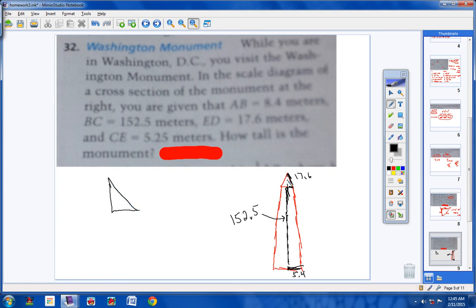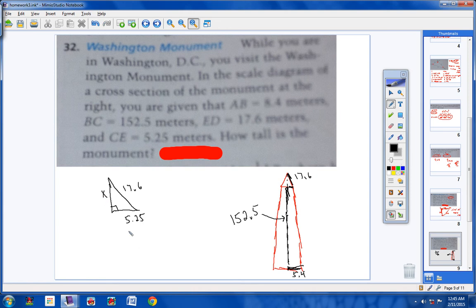Okay, that's this right triangle right here, down, over to the right, and back up. That's a right triangle, okay? So, with that in mind, this length here is 17.6. This is my right angle here, and this right here is 5.25, which is this little sliver right here from here to here, okay? Now, let's find this missing side here.